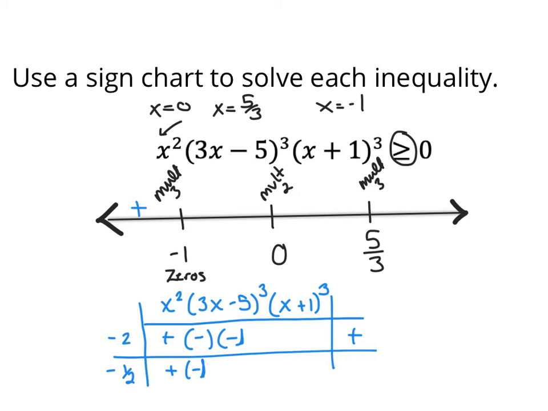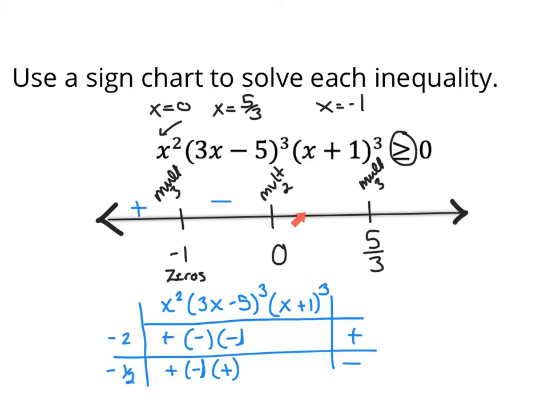I then plug in -1/2 here. -1/2 plus 1 will be a positive. And a positive raised to the third power will be positive. So positive times a negative times a positive will produce a negative. So any value in between -1 and 0 will produce a negative value.